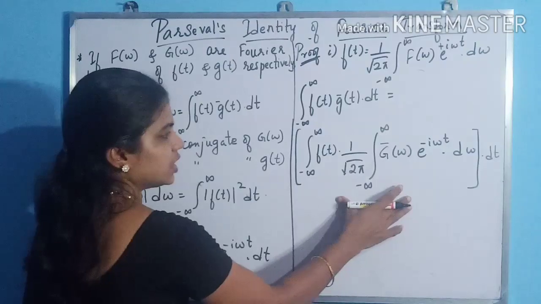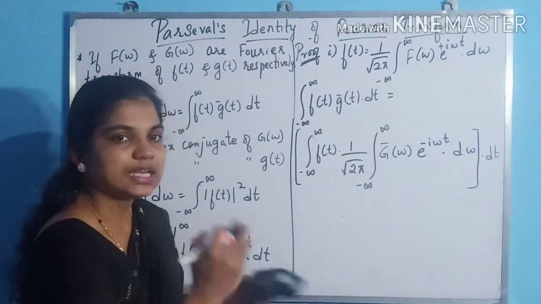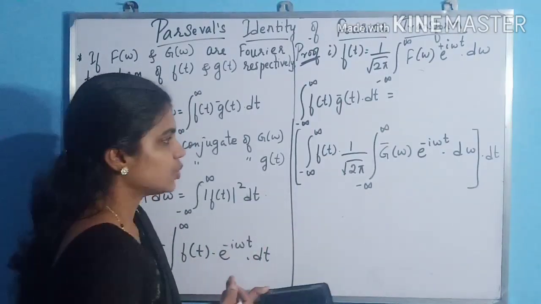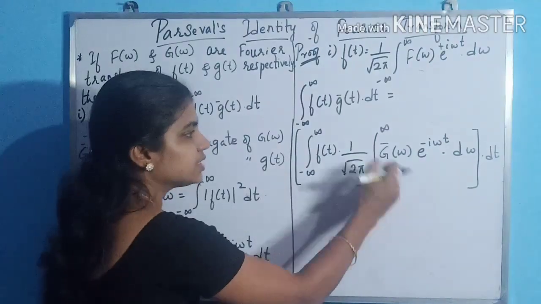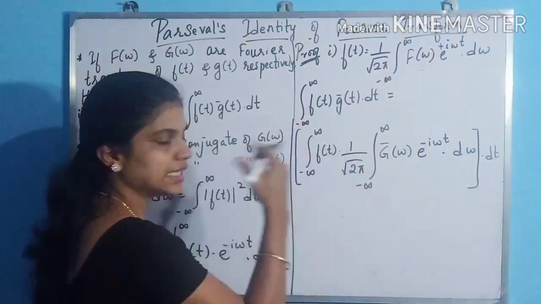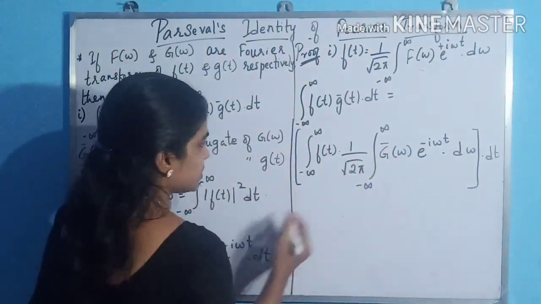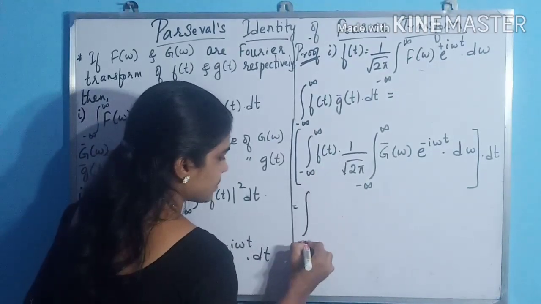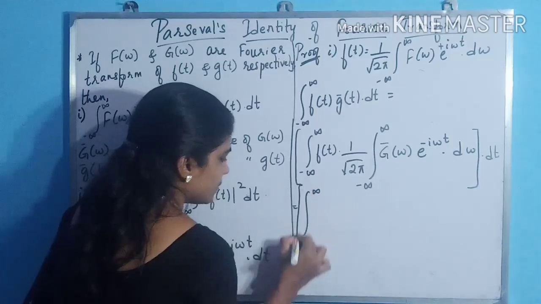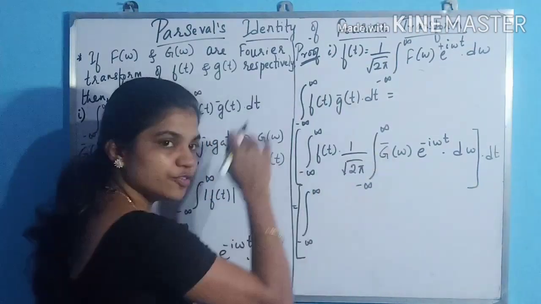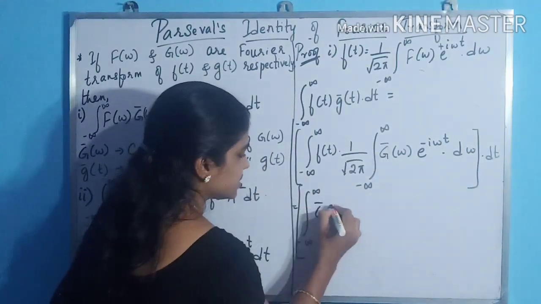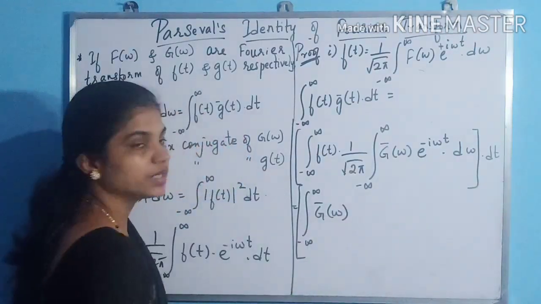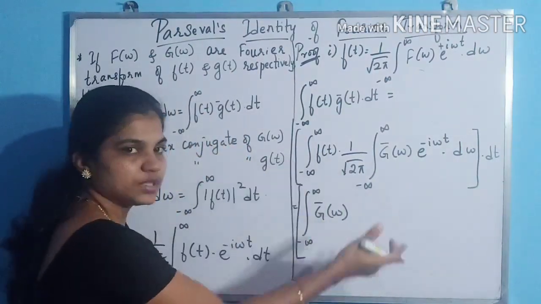So now I'll interchange the integrals. I'm going to take the d omega on the outside and dt on the inside. So I'm going to write this as the integral from minus infinity to plus infinity of G bar of omega, taken outside in the first integral, and in the second integral I put f of t.